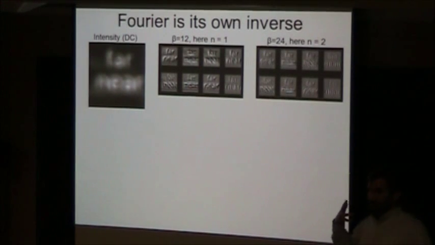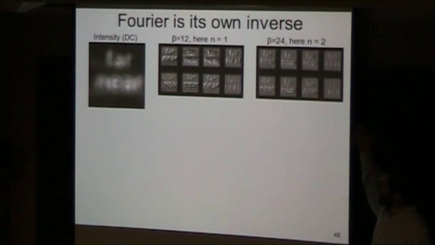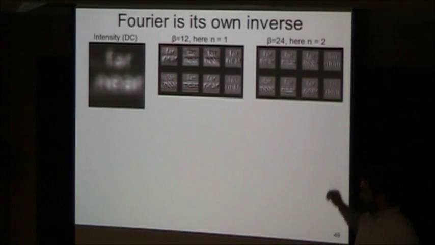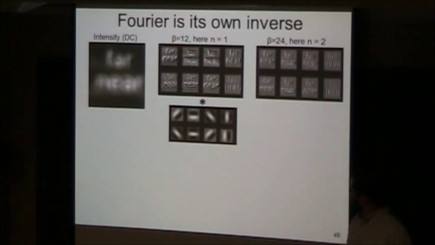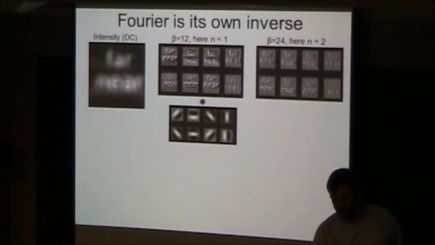So we'll go back to that Fourier transform idea. One thing we know about Fourier transforms and things like Fourier transforms is that they are their own inverse. So if I want to invert the optical processes that gave me these outputs, all I need to do is convolve these various signals with their own impulse functions. So for example, take essentially the first order set here, convolve them with this set of impulse functions and add them up.